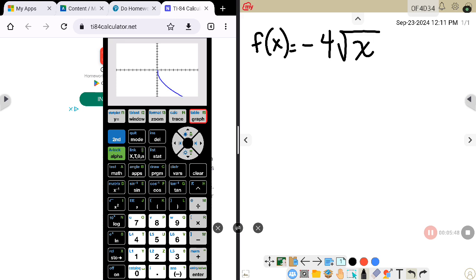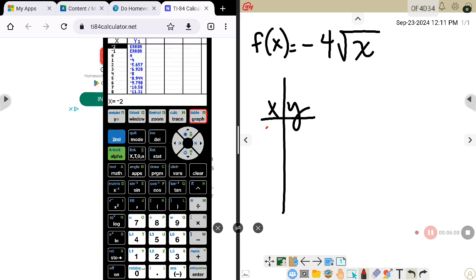So what that did is it turned it upside down. In other words, it reflected it across the x-axis. So when I graph this one, if I need some points, it's going to start at 0, 0 again. And then 1, negative 4, and 4, negative 8.